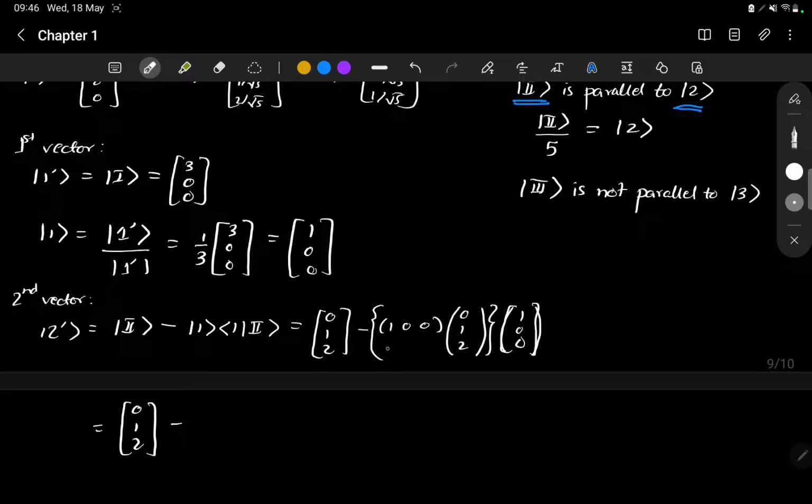Taking 1 into 0 plus 0 into 1 plus 0 into 2 gives us 0, minus 0. So this is nothing but 0, 1, 2.